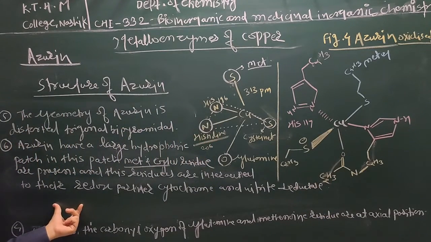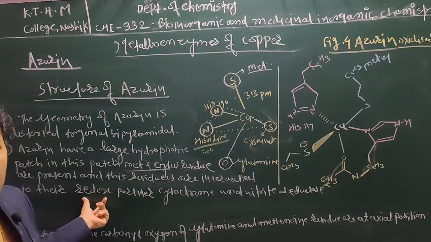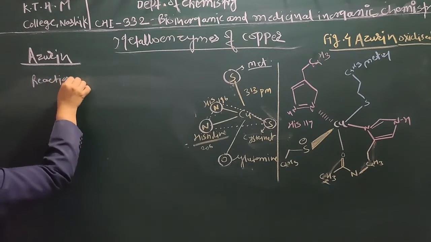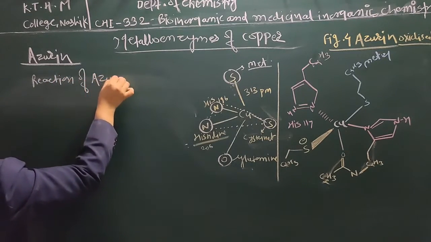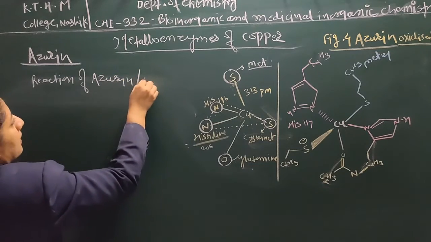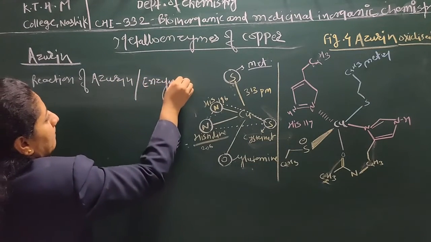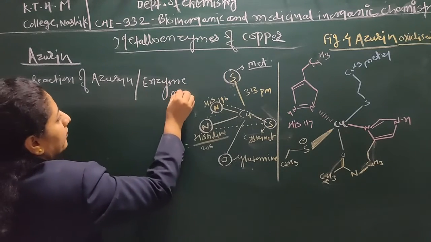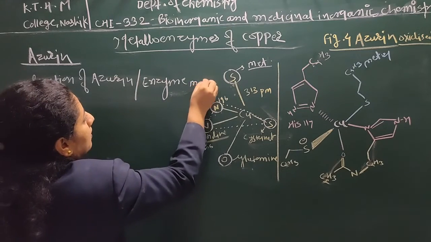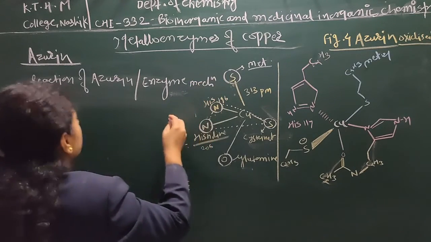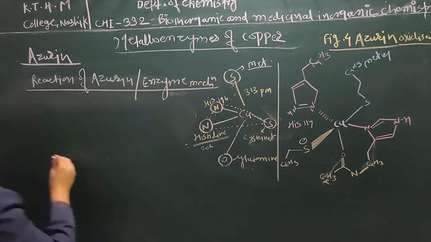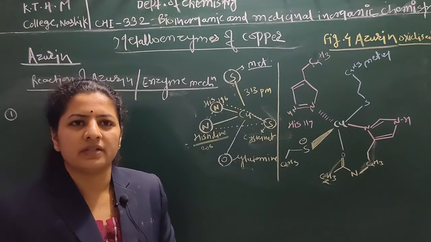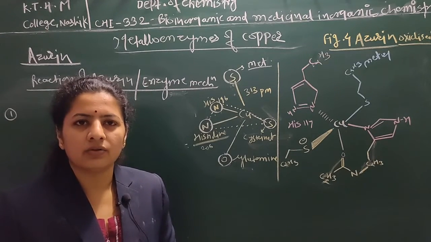So this is the overall structure of azurin. Now the reaction of azurin, that is the enzyme mechanism. We know that azurin in its oxidized form receives an electron from its redox partner and undergoes the following reaction.